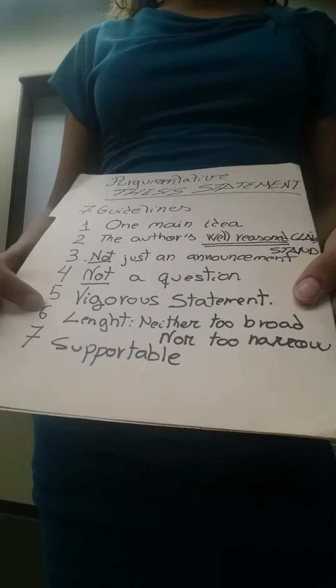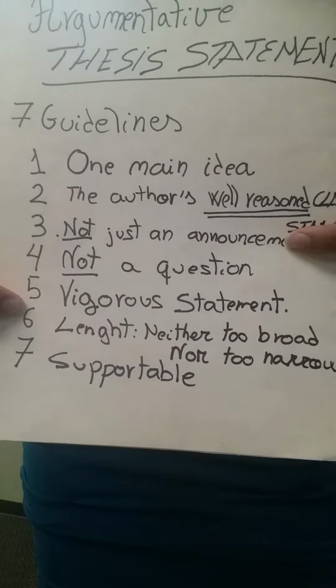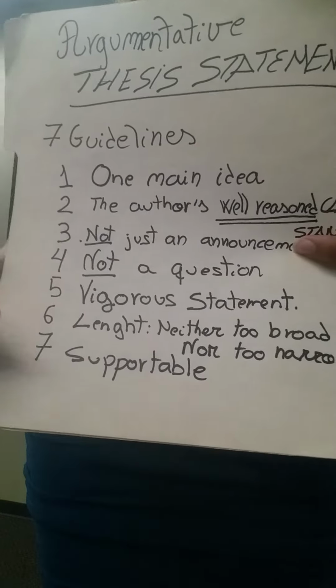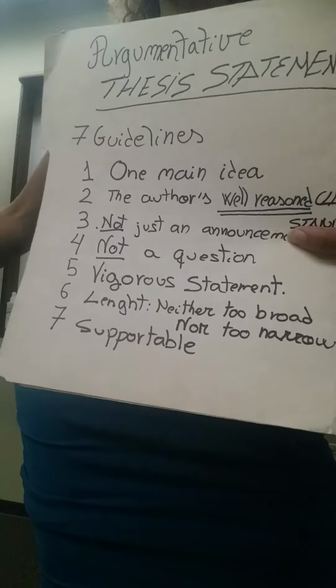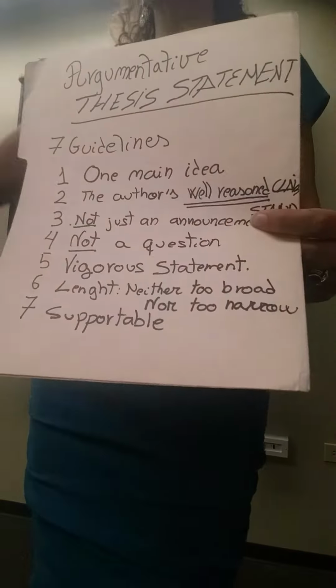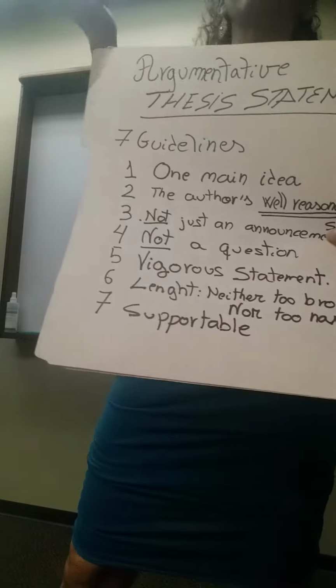Now I go with the length. Can you read here? Neither too broad nor too narrow. That was the example of the traffic light between Alakea and Bretania that turns red too quickly.